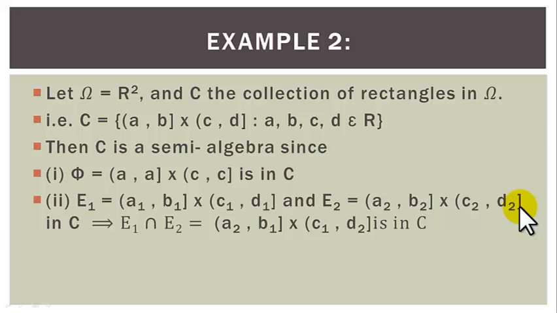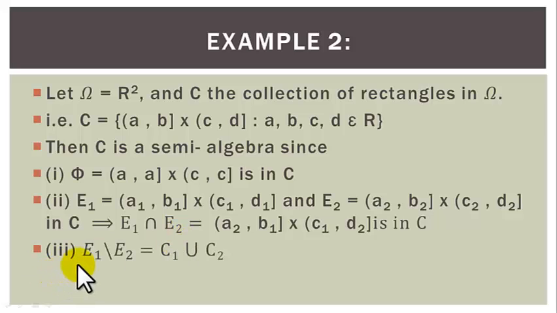Let these two sets E1 and E2 be elements of C. Then what is the intersection of E1 and E2? What we are saying here is that if E1 is a rectangle and E2 is a rectangle, what is E1 intersection E2? You will see that E1 intersection E2 is also a rectangle.